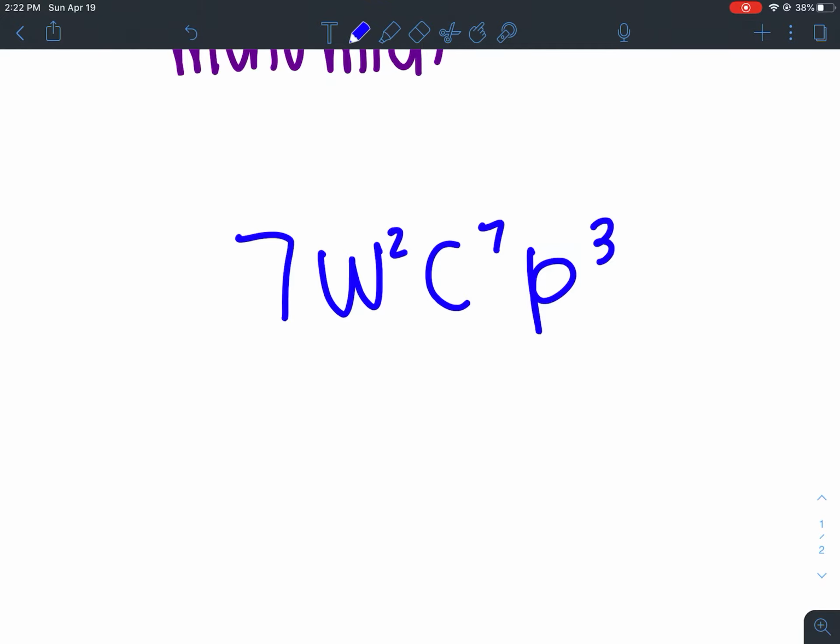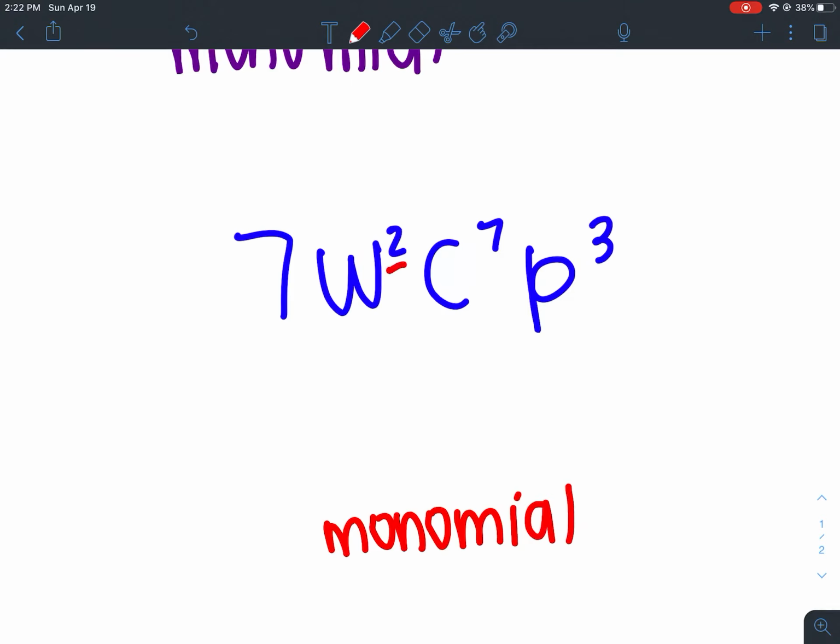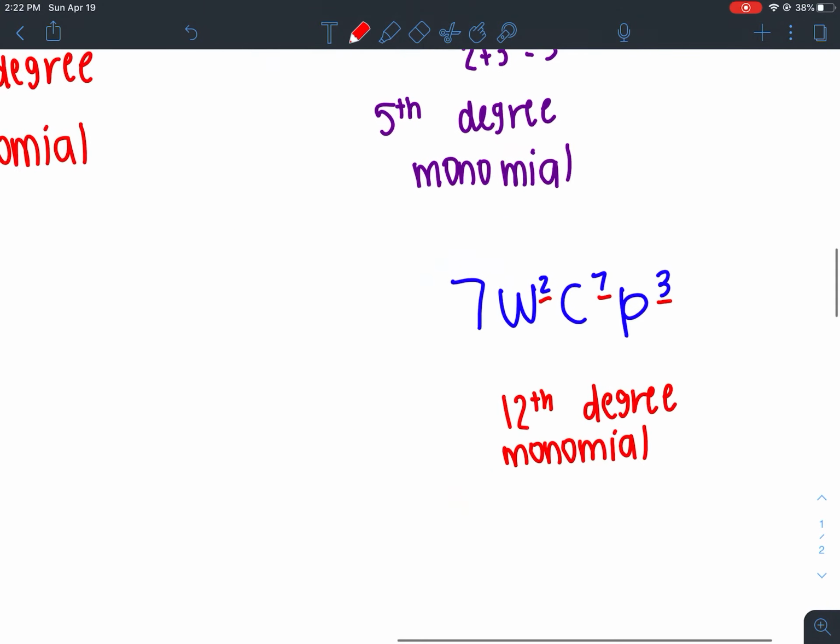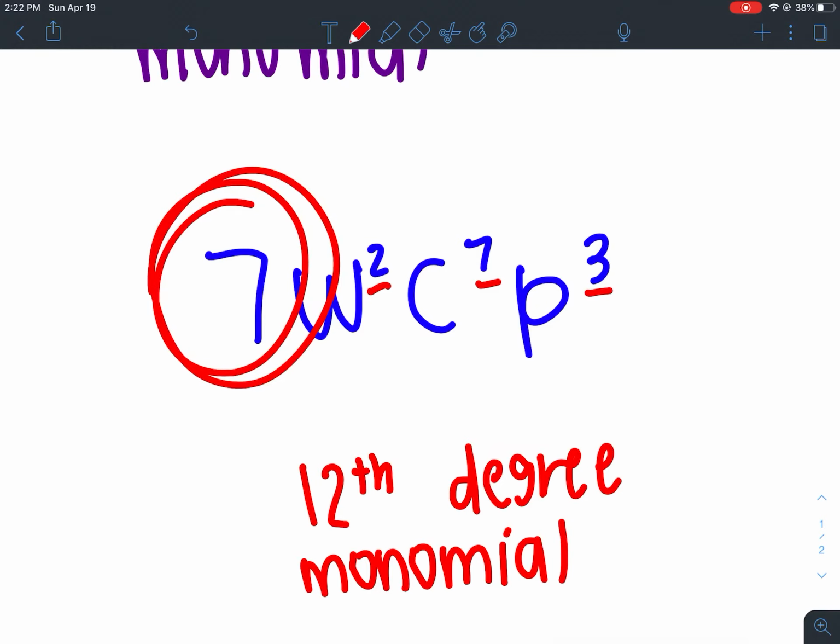It's only one term. Remember that terms are separated by addition and subtraction, so this is still one term. Because it's a monomial, to classify its degree, we would have to add up all of the exponents. 2 plus 7 is 9, 9 plus 3 is 12. So this is a 12th degree monomial. Okay, notice how it has nothing to do with the coefficient in the front.